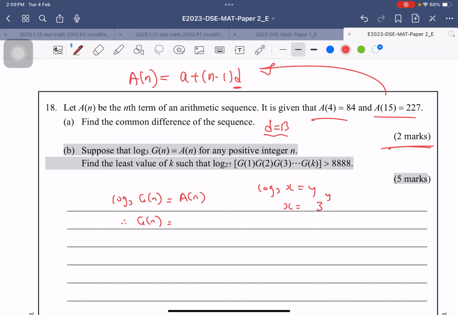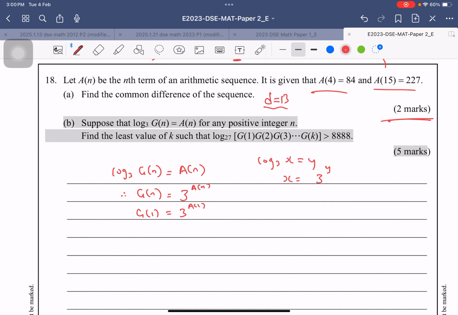Remembered? So I don't want this log 3, moving to the right it becomes 3 to the power of a_n. So g1 is just equal to 3 to the power of a1, and g2 and so on is the same thing.